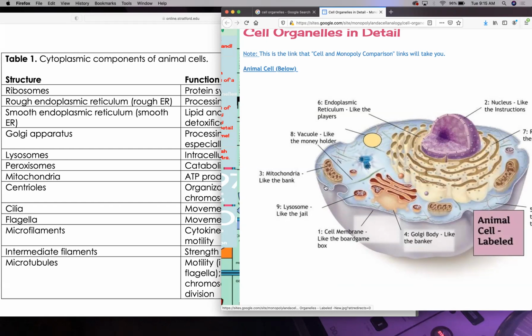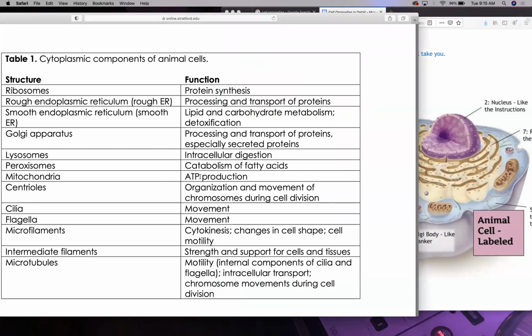The second thing is why we eat, because I need to break down whatever I eat into pretty much a 6-carbon sugar called glucose. And all of that goes into this thing called the mitochondria. The mitochondria is the powerhouse of this cell. It provides the cell with energy, and that energy is called ATP, or adenosine triphosphate.